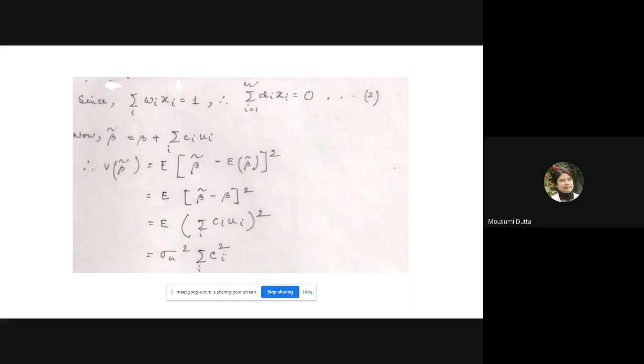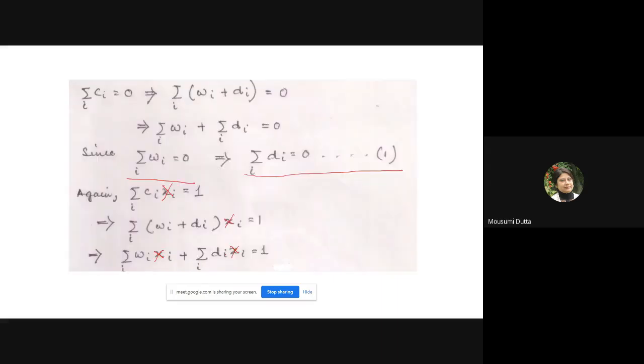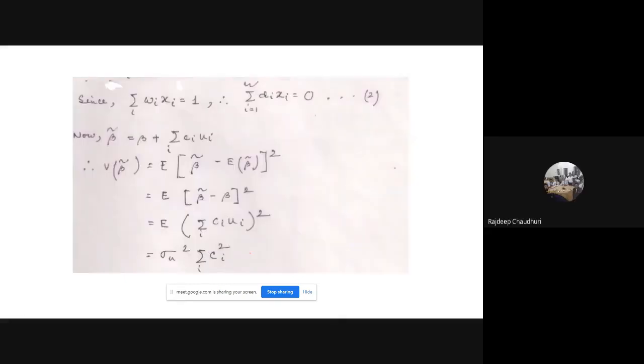Yes, ma'am, already proved. Summation WI XI is equal to 1. Now if this part is equal to 1 and their sum is equal to 1, naturally this part should be equal to 0. Everyone? Yes, ma'am. So since summation WI XI is equal to 1, therefore summation DI XI is equal to 0. Okay, capital XI.